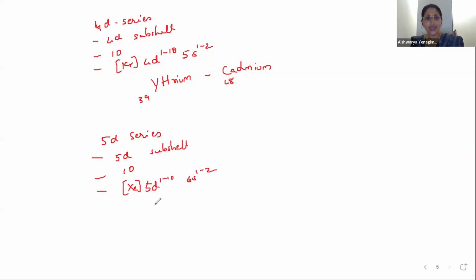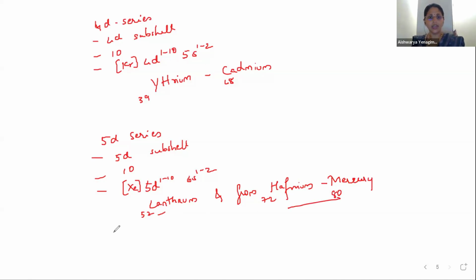Please note that it doesn't start from lanthanum. Lanthanum, atomic number 57, is one element, and then from hafnium, atomic number 72, to mercury, atomic number 80. Here 9 elements, and with lanthanum, 10 elements.